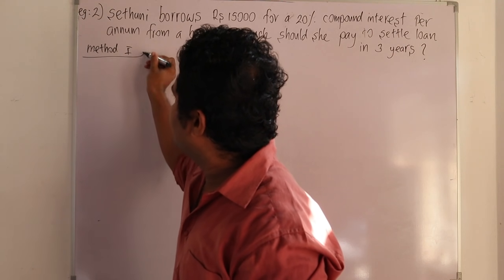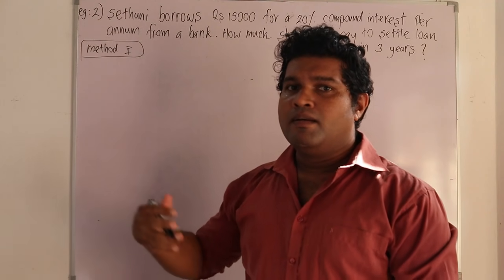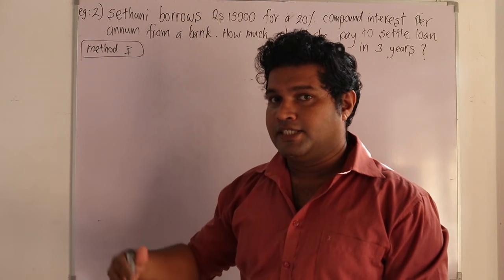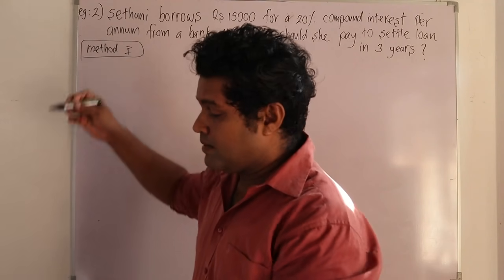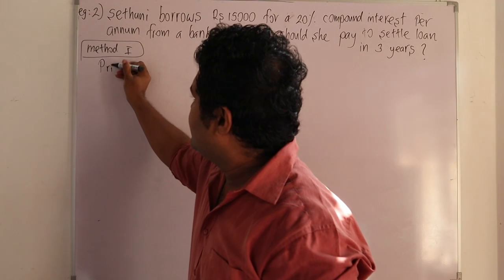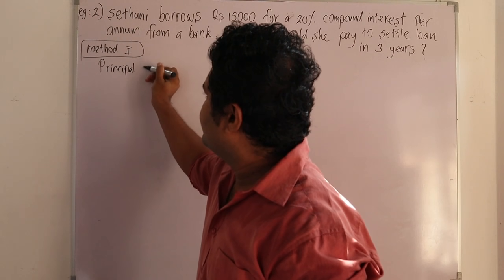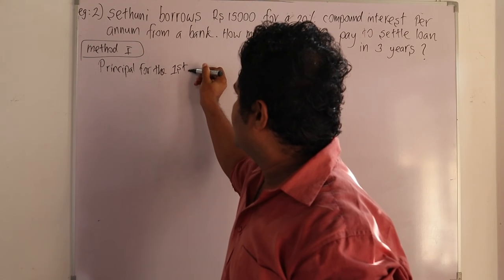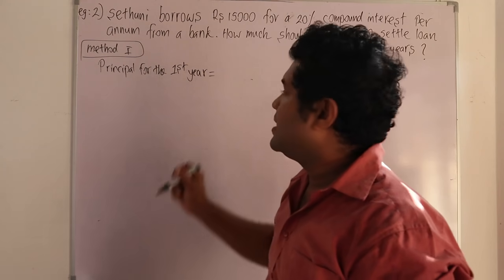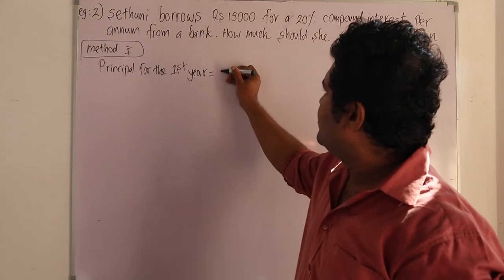According to method 1, what's the process of method 1? Principal, interest, year by year we have to continue. I am writing principal for the first year. What is the principal for the first year? The loan amount, 15,000.